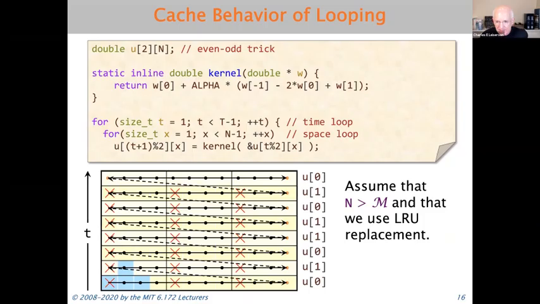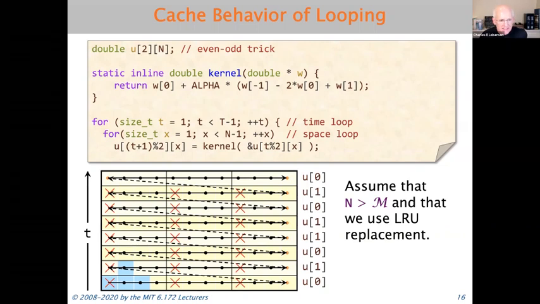Now, after reading everything in row 0 to compute row 1, the code starts reading row 1 to compute row 2. And right off the bat, row 1 gets a capacity miss because the cache is full of stuff on the right end of the row.